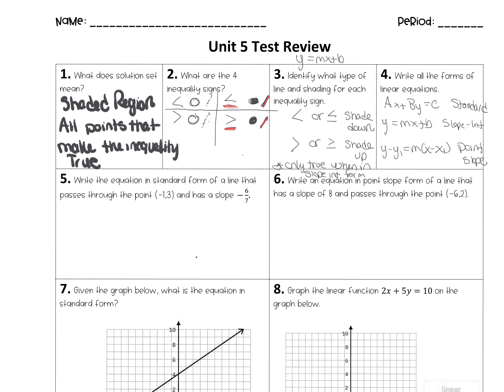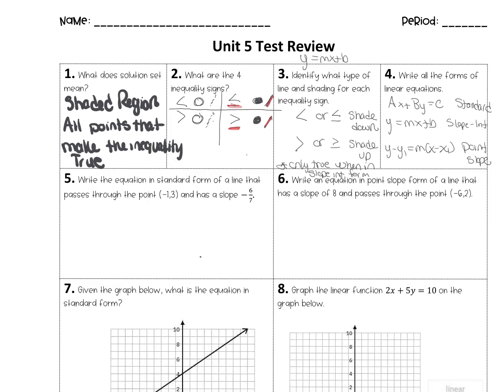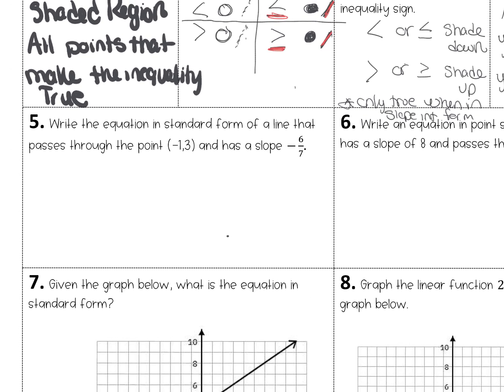So number 5 says, write an equation in standard form of a line that passes through the point (-1, 3) and has a slope of -6/7. So take your slope, -6 over 7.